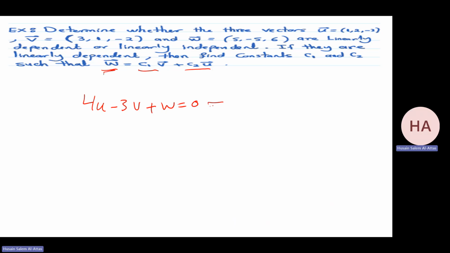So I can rewrite that W is what? I took these vectors to the other side. So I'm getting 3V minus 4U. So my C1 is 3 and my C2 is minus 4.